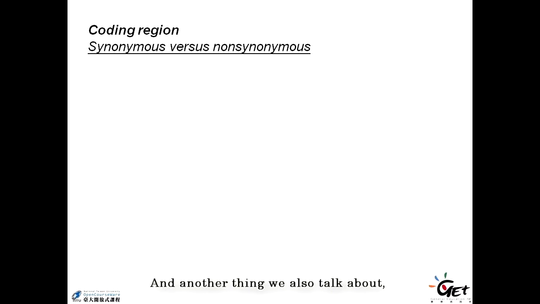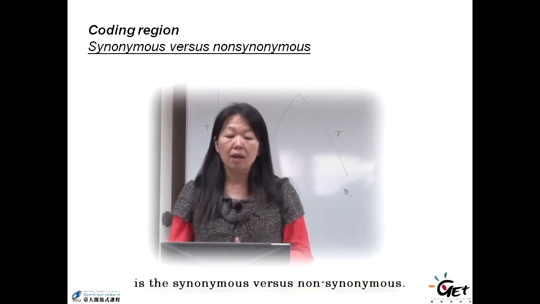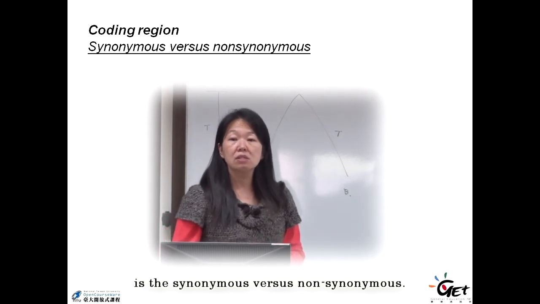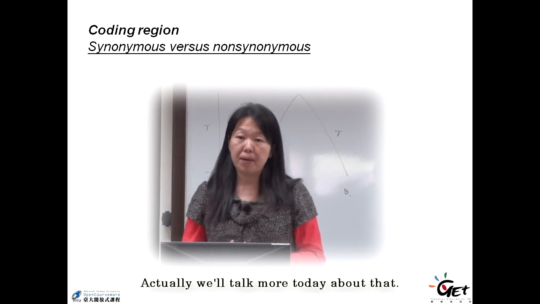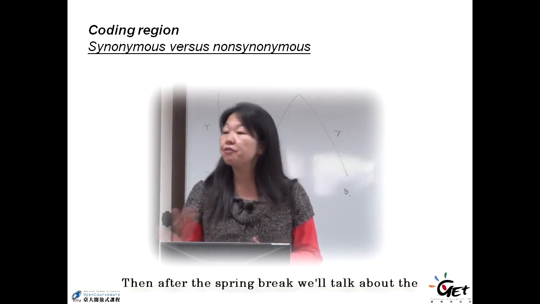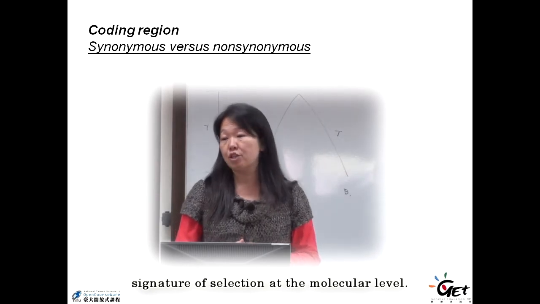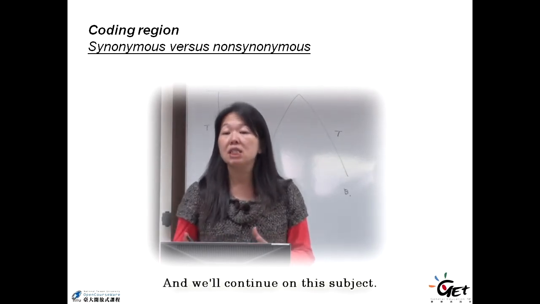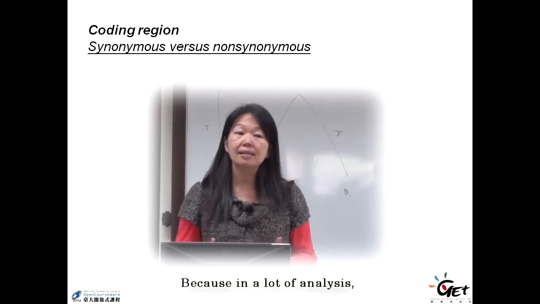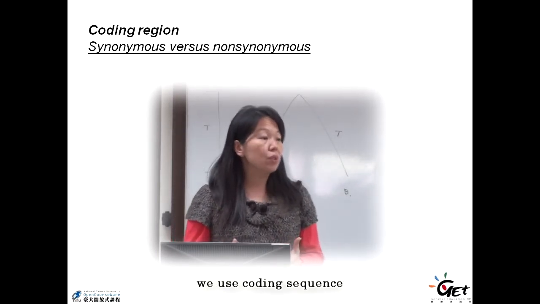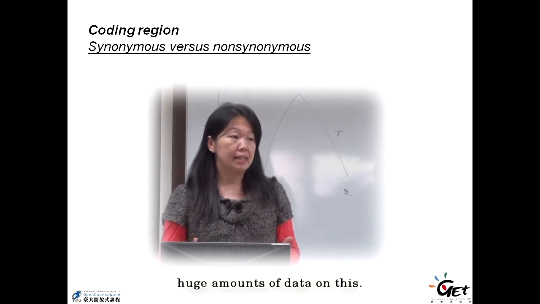Another thing we emphasized a lot last week is synonymous versus non-synonymous substitutions, and we'll talk more about that today. Then after the spring break, we'll talk about the signature of selection at the molecular level, and we'll continue on this subject because in a lot of analyses we use coding sequences, and we have a huge amount of data on them.